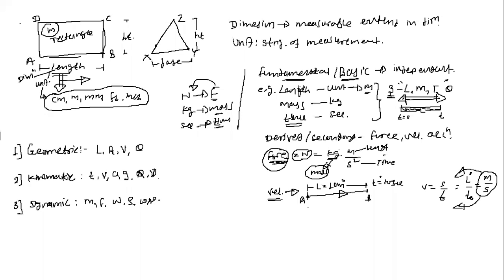Then pressure intensity, P is equal to rho g h. Then power, then impulse, momentum, torque. Those are some of the quantities which I have listed here, and they are mostly used in the analysis of fluid flow.